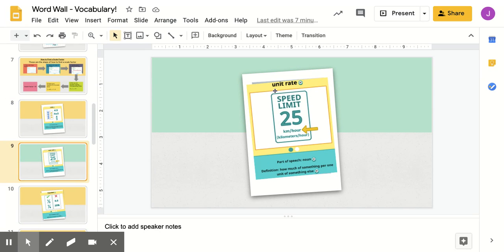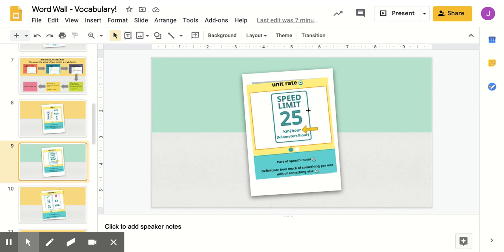Now let's talk about unit rate. Unit rate is defined as how much of something we have per 1 unit of something else. So it's kind of like a ratio, except we always are comparing many of one thing to only one of something else.